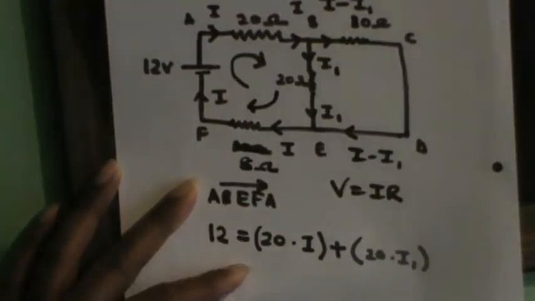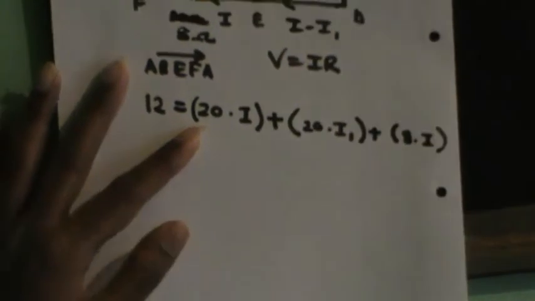So you will be putting in the same direction as the current direction, right? Same direction here, same direction. So you have to add again 8 times I.